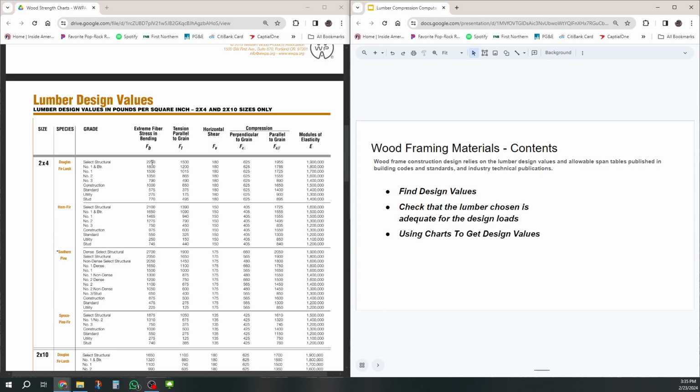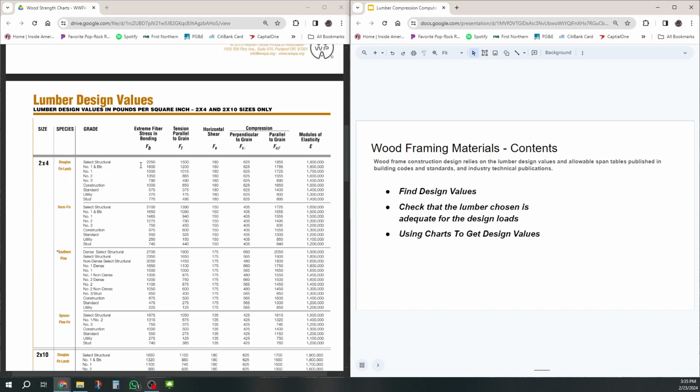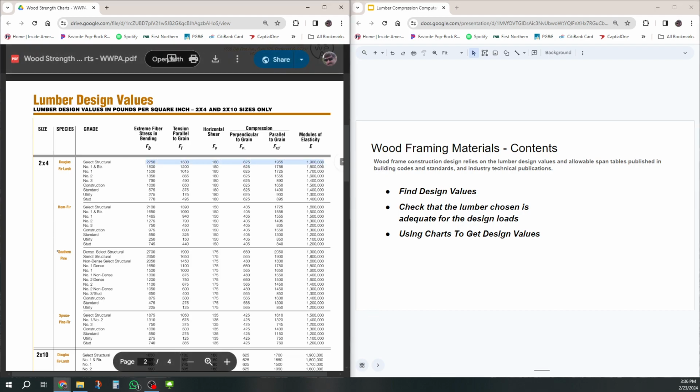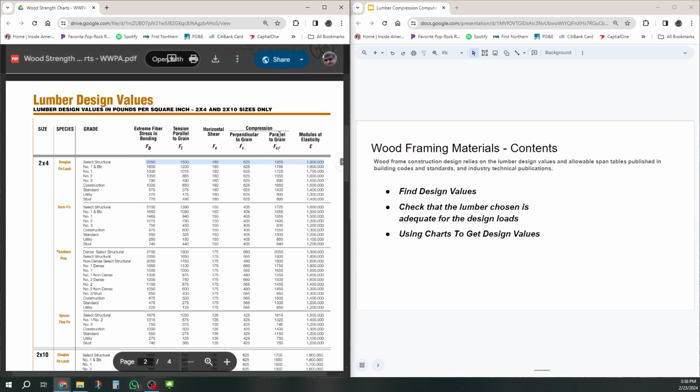So how would I do one of those? If I had a 2x4 Doug fir, select structural, I know that it's going to lie along this line. Those are the numbers that go with select structural. Then I need to know what type of stress I'm thinking of. Let's say it's parallel to the grain.